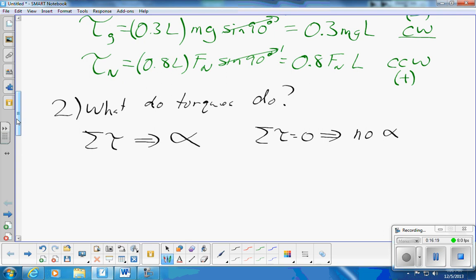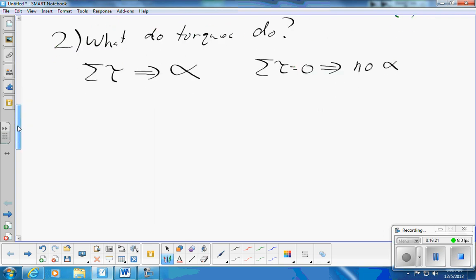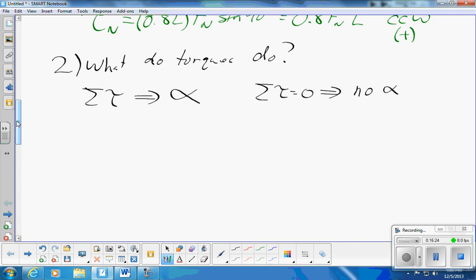This is reflected in a formula which is often referred to as Newton's second law, because it is, where we say net torque is equal to I times alpha. This is analogous to Newton's second law for linear motion: net force is mass times acceleration, where I is the moment of inertia.